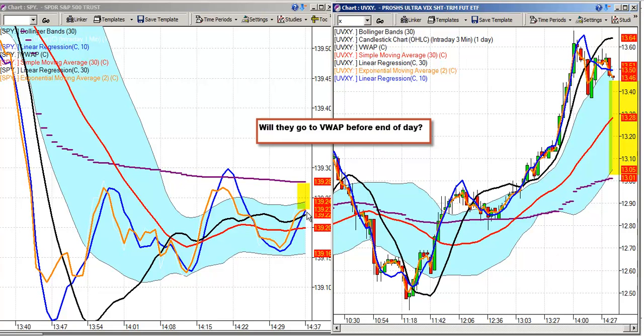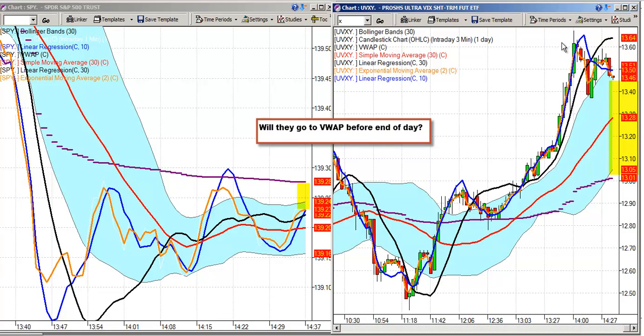And with 90 minutes left in the session, the hypothesis was, well, will the S&P and will UVXY, the VIX, return to their volume-weighted average price before the end of the day? What that means is in the S&P, it's a move from about 139.23 to about 139.28. So it's only like a 5 or 6 cent move.